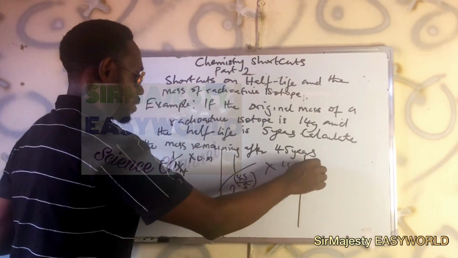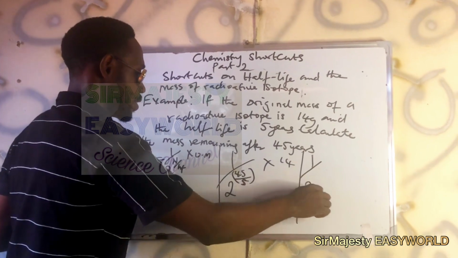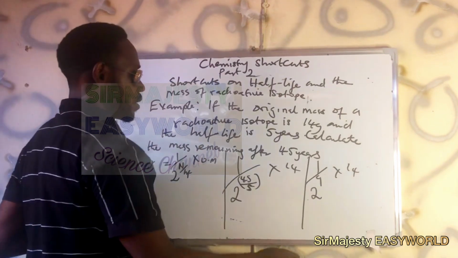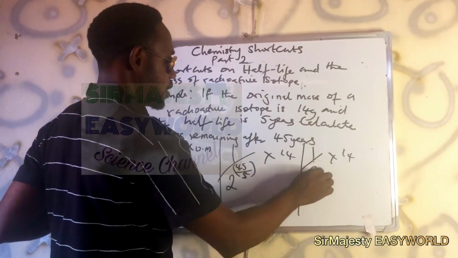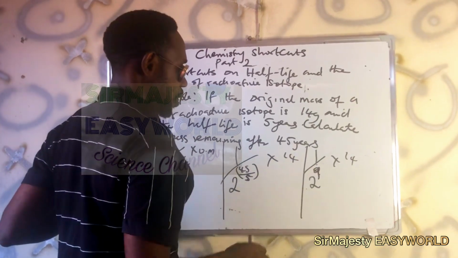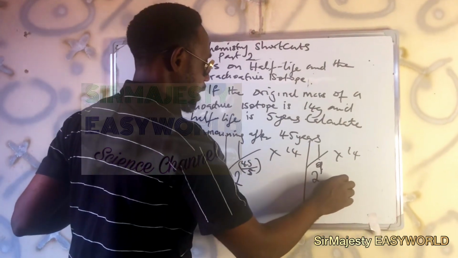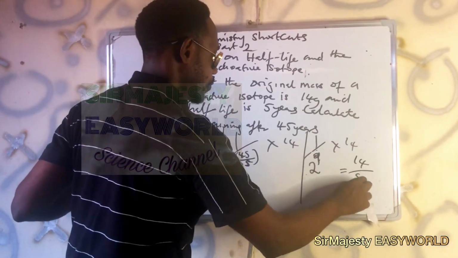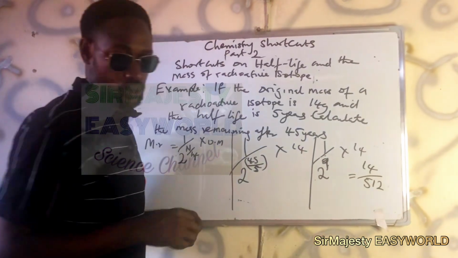What we have now is 1 over 2 raised to power 9 times 14. 2 raised to power 9, of course, is 512. So we are now dealing with 1 times 14 is 14. At the end, we have 14 over 512.